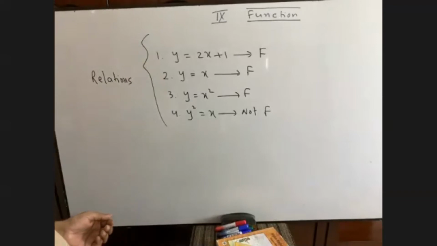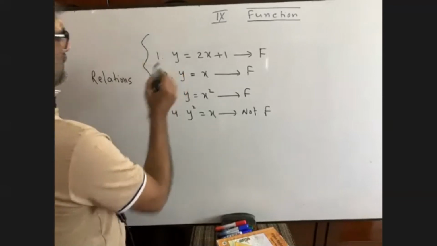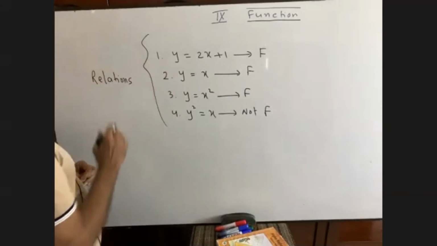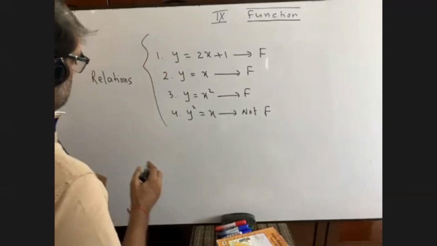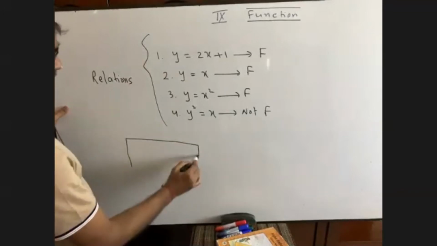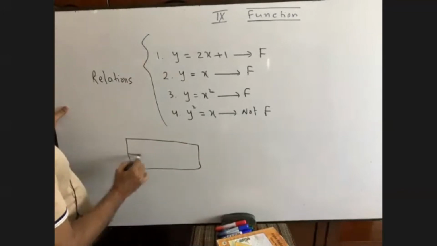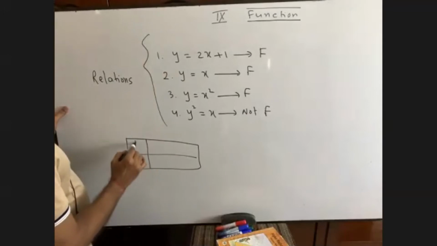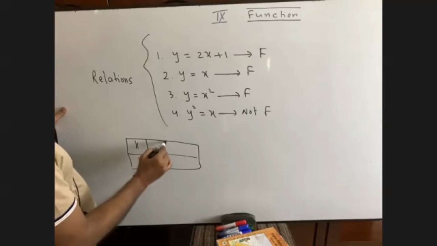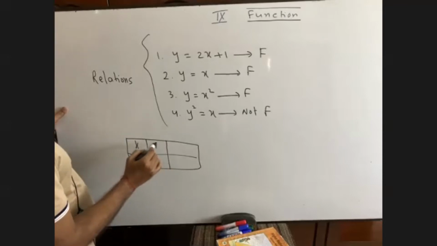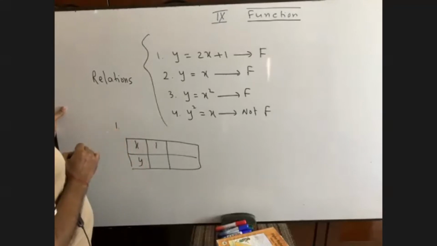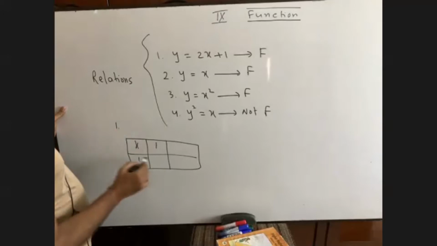You see, for number 1, please try to understand. If I go for drawing a table, suppose it is x, it is y, right? If I take x equals 1, then y equals what? 3.